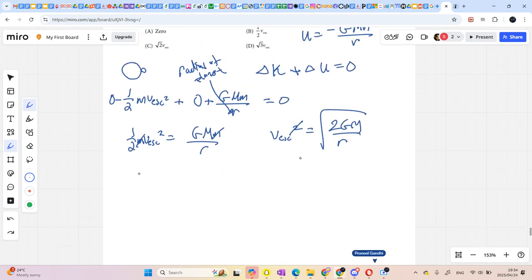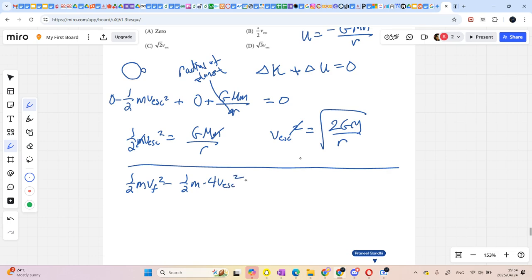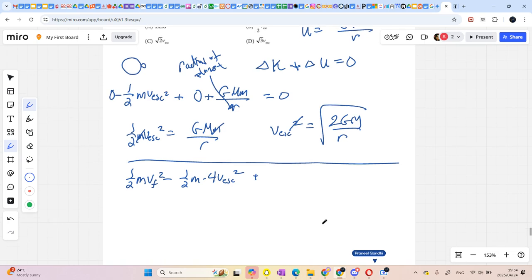So we have 1/2 m v final squared minus 1/2 m times 2 v escape squared, which is 4 v escape squared, plus the change in gravitational potential energy. At the final position it's 0, and at our initial position it's GMm over r. That's going to be equal to 0.